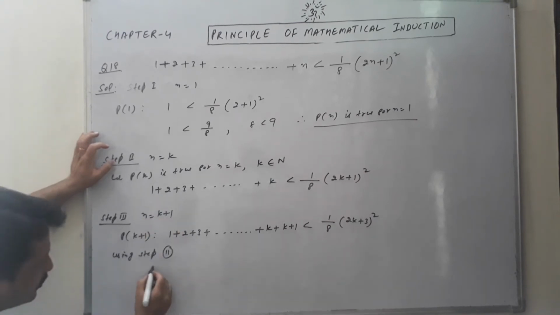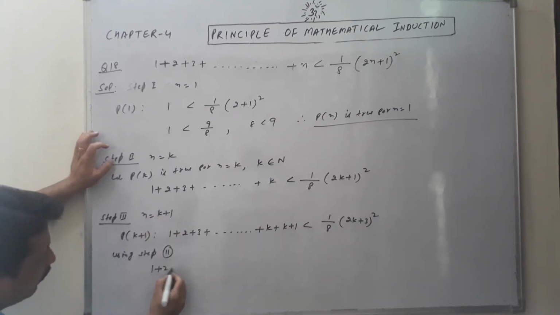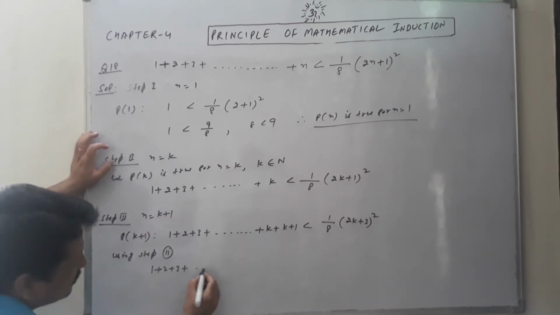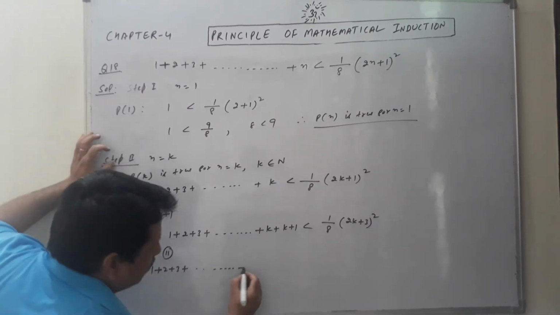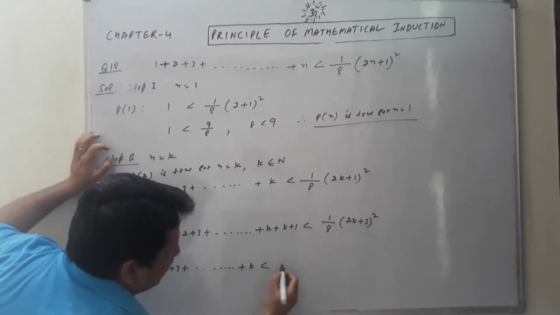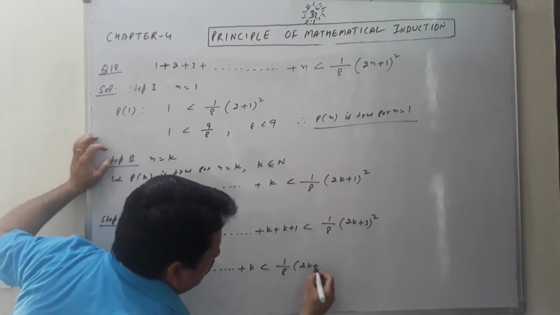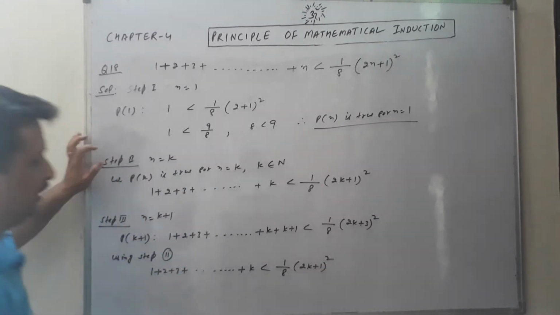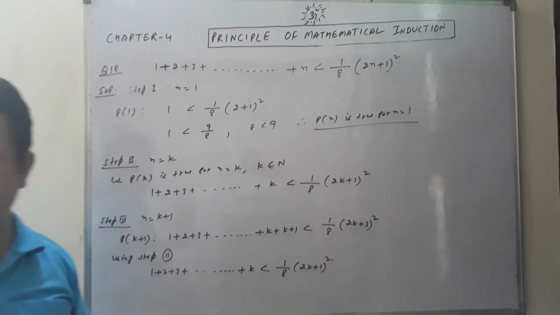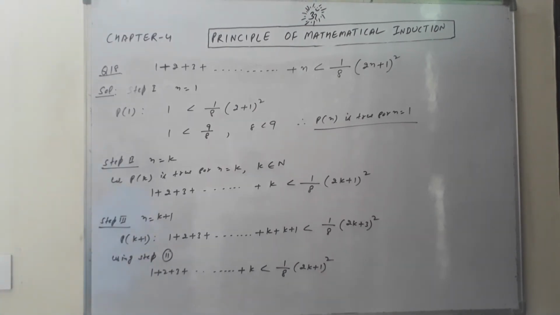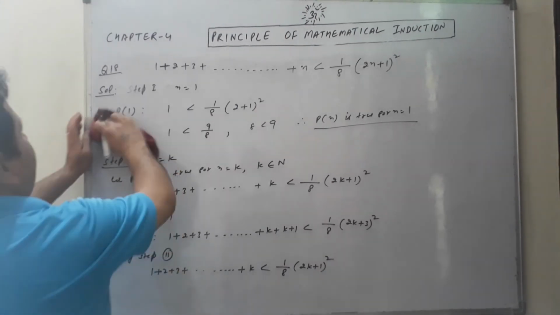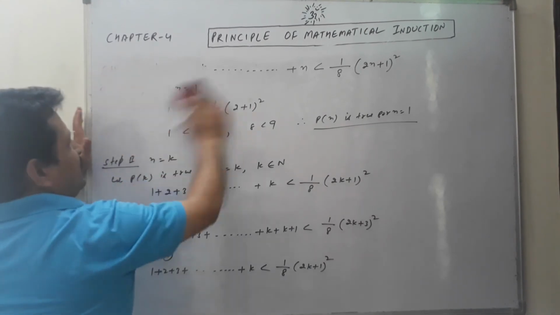What is step number 2, students? 1 plus 2 plus 3 plus so on plus k is less than 1 upon 8 into (2k plus 1) whole square. Now what I am doing here in step number 2, I will add k plus 1 to both sides. So let us see, students, how to do it.